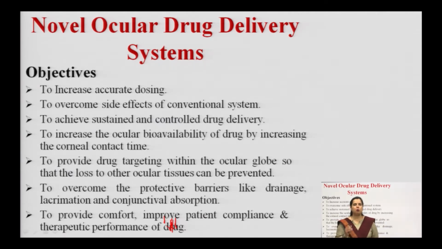To overcome the protective barriers like drainage, lacrimation and conjunctival absorption. So, barrier properties we have discussed earlier in the sessions. Yes, so we can overcome these types of problems associated with the physiological barriers of the eye, right.